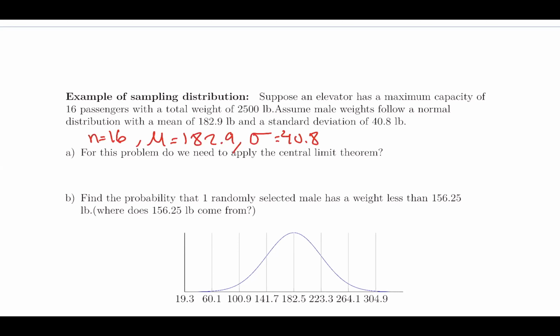All right. So for part A, it says, for this problem, do we need to apply the central limit theorem? So for this one, do I need to use it? Cool. So we'll say no, since the parent distribution is normal.